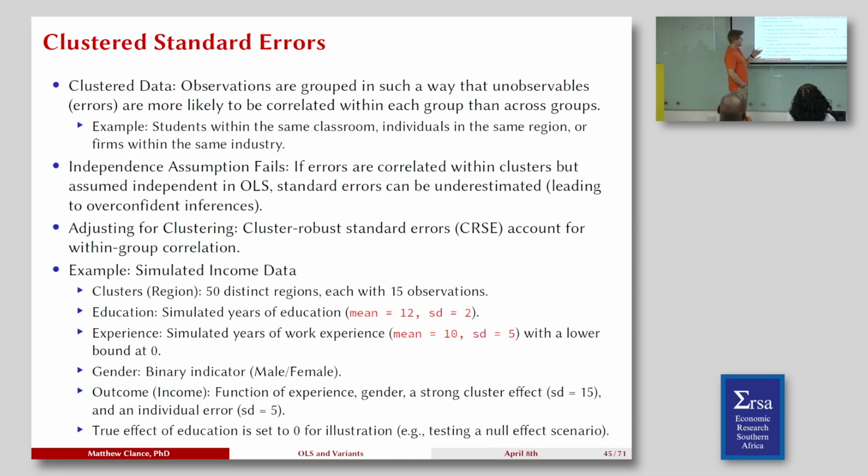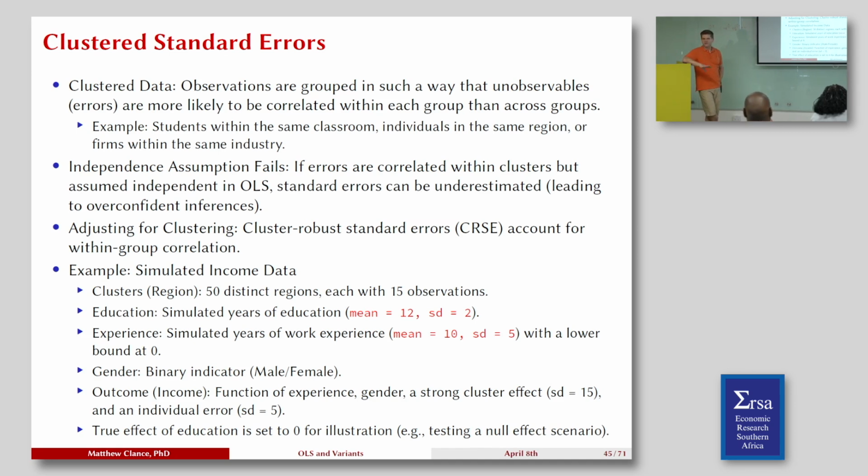So basically we're going to look at income as a function of experience and gender, and I'm going to say there's strong clustering. Right now, I'm not really giving it a name, but if you wanted to, you could say that it's related to where the person currently lives, so it'd be regional. It could be related to information on where they were schooled.